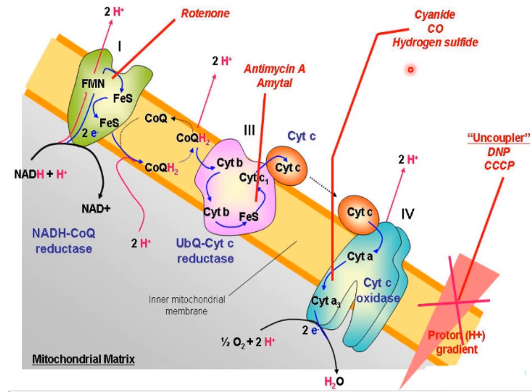Likewise, cyanide, hydrogen sulfide and carbon monoxide inhibit the activity of complex 4. And oligomycin, or the uncouplers DNP and CCCP, inhibit the activity of ATP synthase, which is actually complex 5 that regulates the proton flux around the membrane.